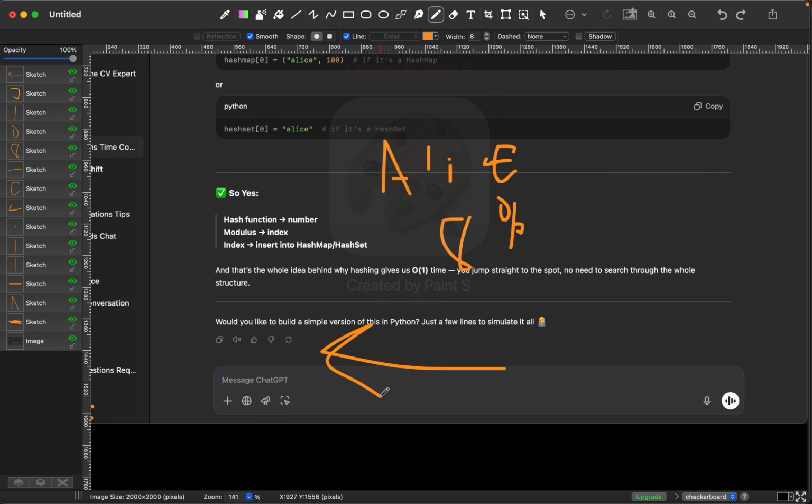Maybe the act of hashing is the process that's very similar to the hash function. I think it's the act of turning a key into a value. I think that's what hashing is.